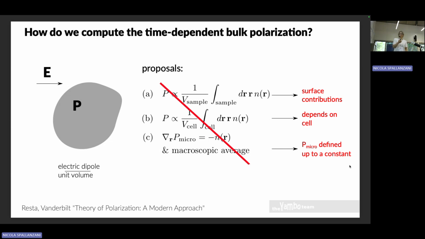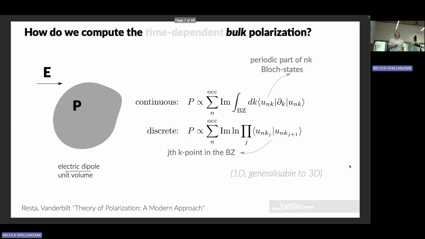So how is the bulk polarization actually calculated? For the moment, let's just forget about the time dependency. This was set in the 90s by Resta and King-Smith and Vanderbilt in the theory of polarization. Here I'm in 1D, but it's generalizable to 3D.